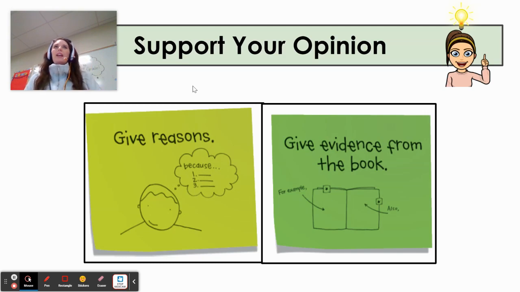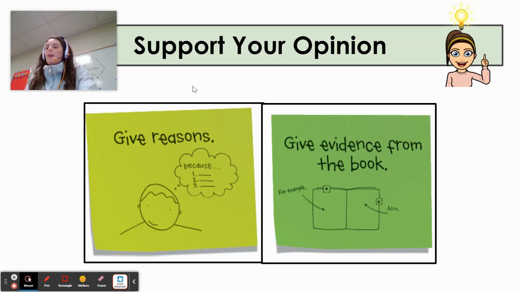If your opinion is that your character is a nice friend, you're going to find a reason and then say, for example, in the book on page 20, what does your character do? Does she offer to help tie a friend's shoe? Does she hold the door open for a classmate walking in behind her? Thinking of your reason and finding evidence from the book to support that reason.